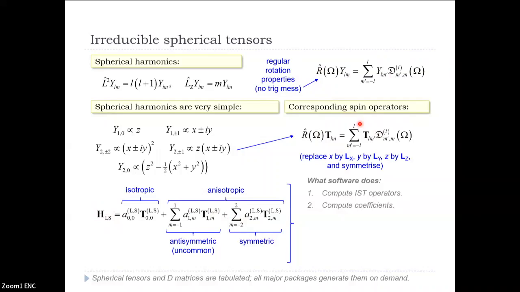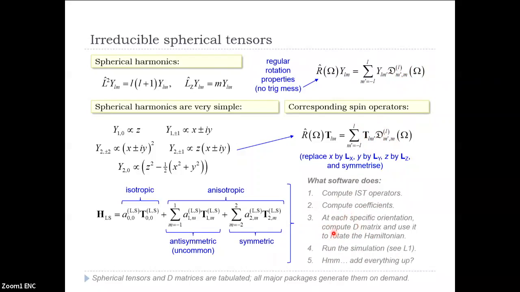And by now you know what to do with it. If you have the Hamiltonian, you exponentiate it, multiply it into the state vector, that's your trajectory, that's the simulation done. So compared to 20 or 30 years ago, all the pain of manual transformations of these things has been taken out. So essentially, at each specific orientation, the software will calculate this D matrix, it will correctly multiply it into all those operators, and it will rotate your Hamiltonian.